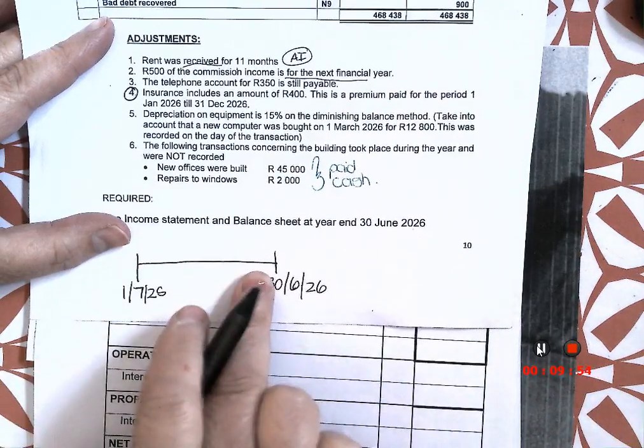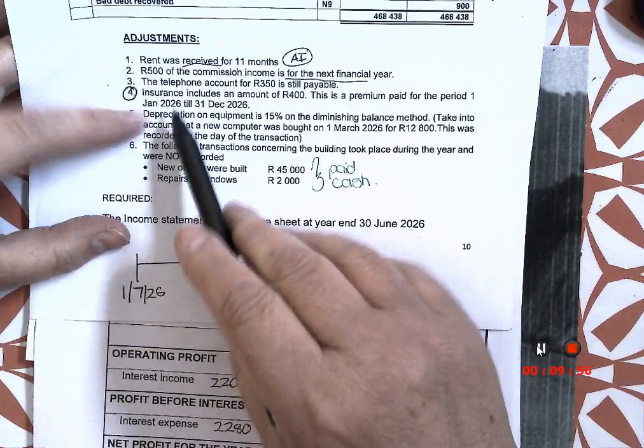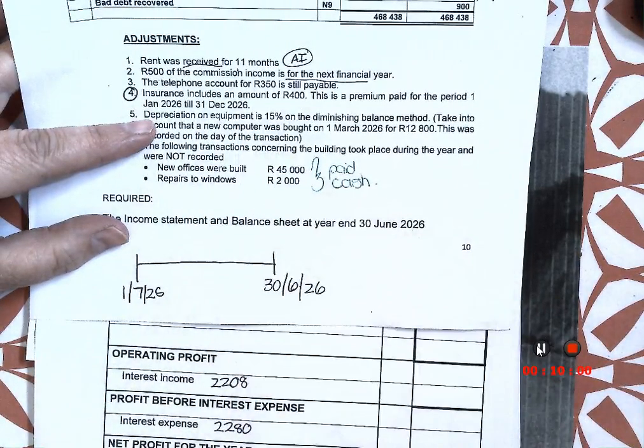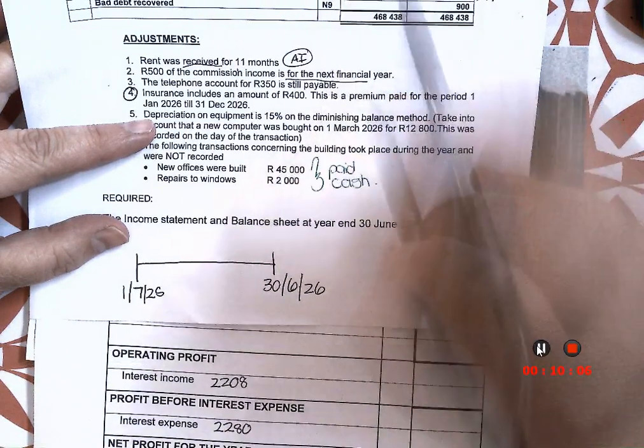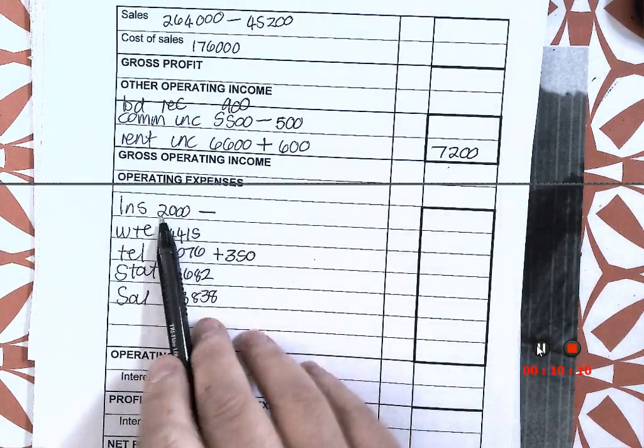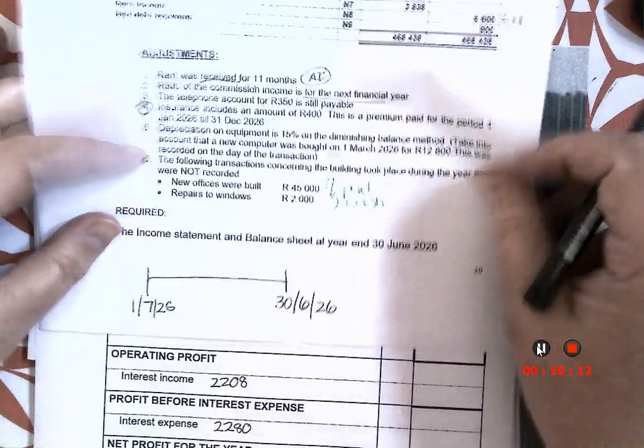Okay. Now they say, insurance includes an amount of 400. So part of that insurance of 2,000 that I paid, a part of it is 400 rand that I paid.